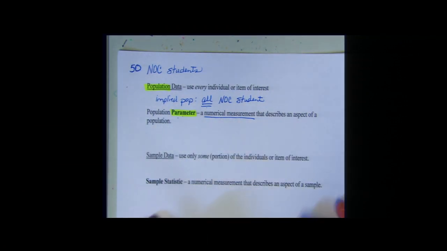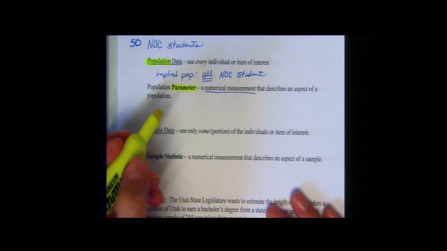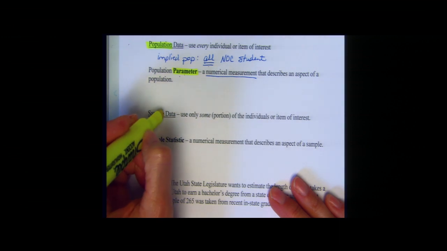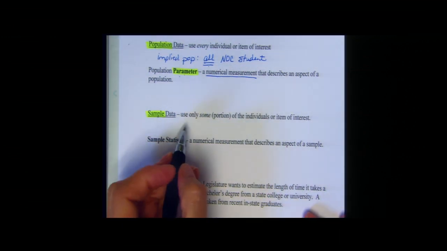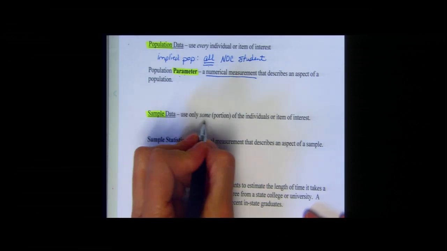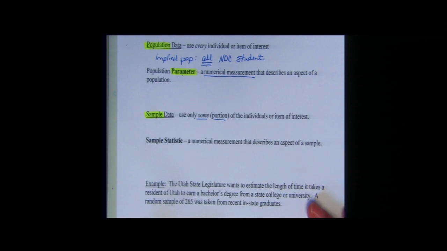So if I took all NOC students and averaged their number of credit hours, that would be considered a population parameter. Now, what we will deal most often with is sample data. And sample data is when you use only some or a portion of the individuals or items of interest.